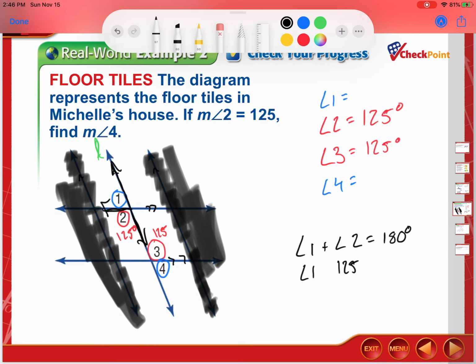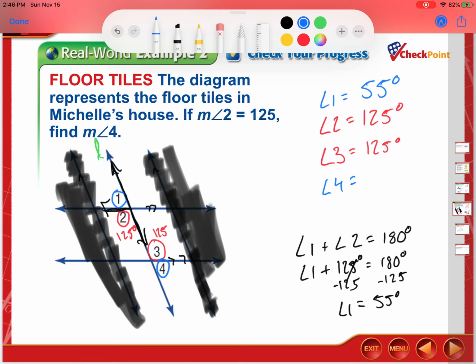And I know angle 2 equals 125 degrees, so once again, I'm going to substitute that in. Angle 1 plus 125 equals 180. If I subtract 125 from both sides, I end up with angle 1 equals 55 degrees.